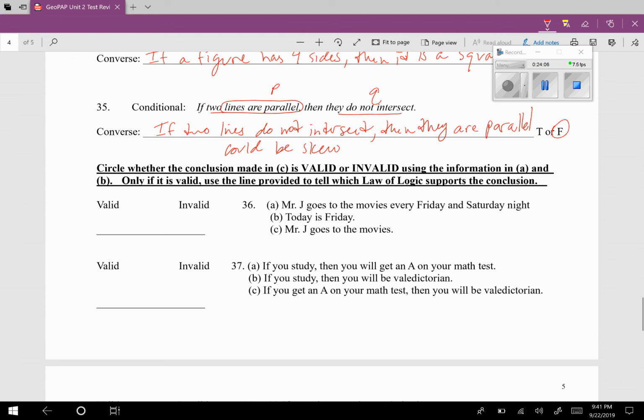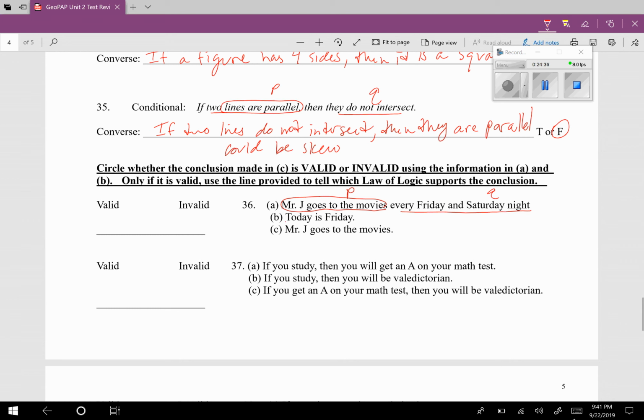Okay, circle whether the conclusion made in line C is valid or invalid using the information in A and B. Only if it is valid, use the line provided to tell which law of logic supports it. So that's either detachment or syllogism. So it says, Mr. J goes to the movies every Friday and Saturday night.